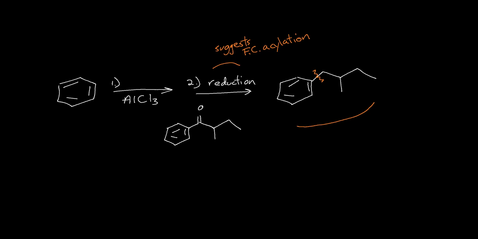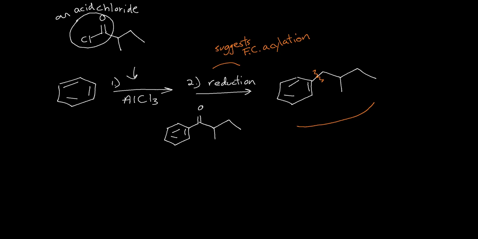Our Friedel-Crafts acylation reagent, excuse me, would be simply the chlorinated version of this. We call this group, incidentally, an acid chloride. And if it was a bromine, it would be called an acid bromide, and so on. So that's what goes there.